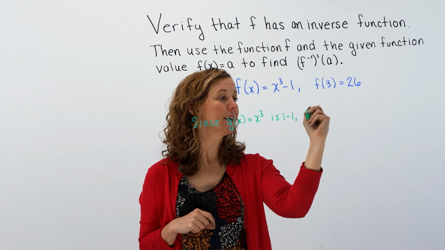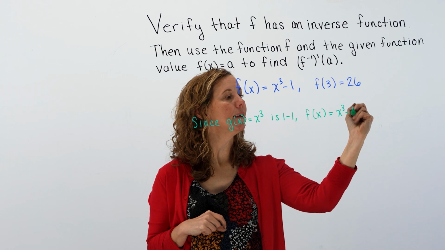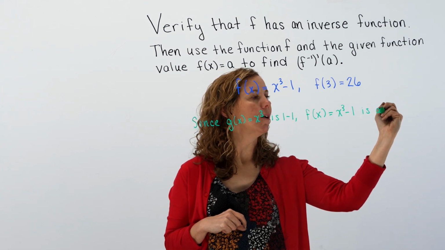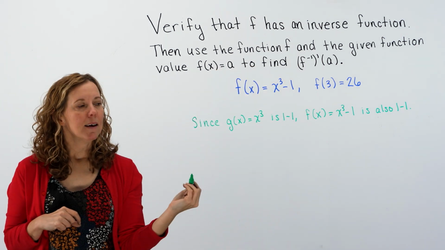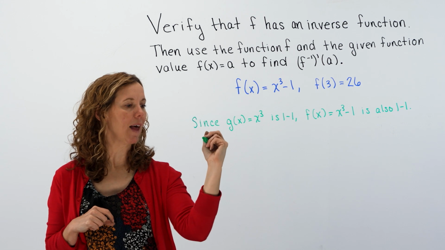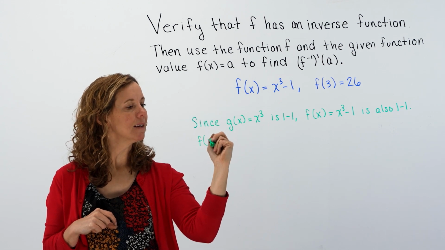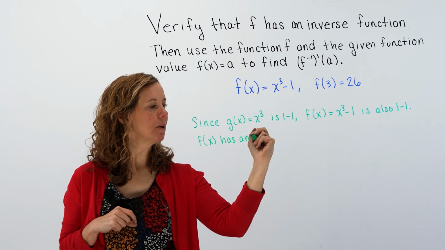So f of x equals x cubed minus 1 is also 1 to 1. Now that we know that our function is 1 to 1, we can say for sure then that f of x has an inverse.